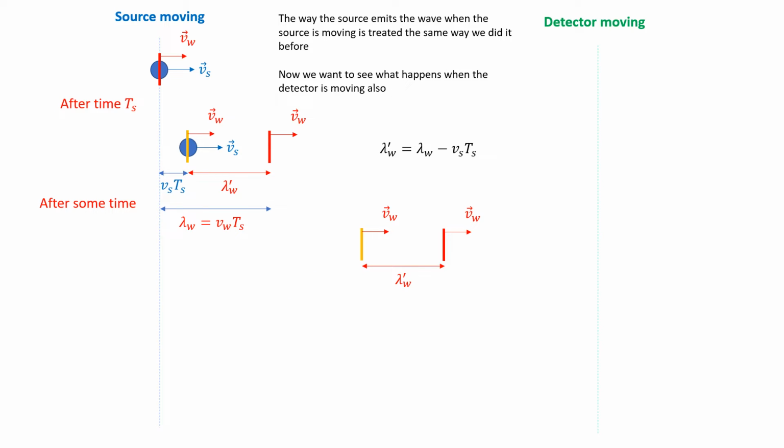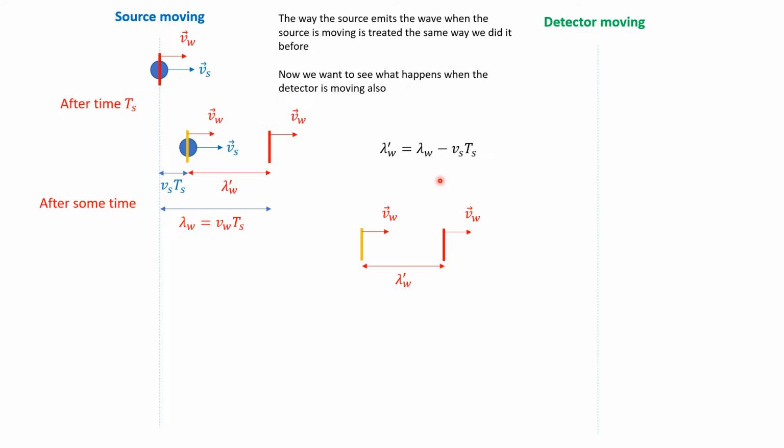We already discussed in the previous video what happens when the source moves, and how the movement of the source results in the wavelength being shorter than it would have been if the source was not moving, by this amount. If you didn't see this part, please go over the previous video.